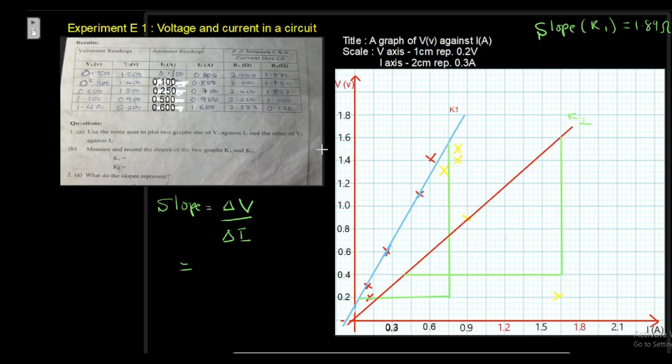This is 1.6, and then here you have 0.4. So we have 1.6 minus 0.4 all over, here we have 1.5, or 0.15, which is 1.65.